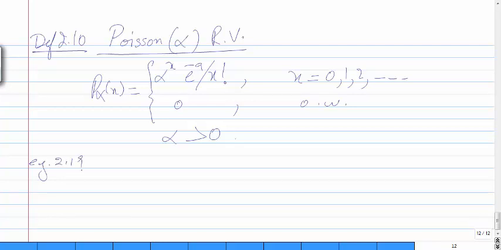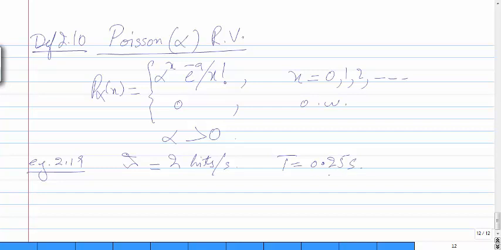Example 2.19 says that the number of hits at a website in any time interval is a Poisson random variable. A particular site has on average lambda equal to 2 hits per second. The question is, what is the probability that there is no hit in an interval of 0.25 seconds?